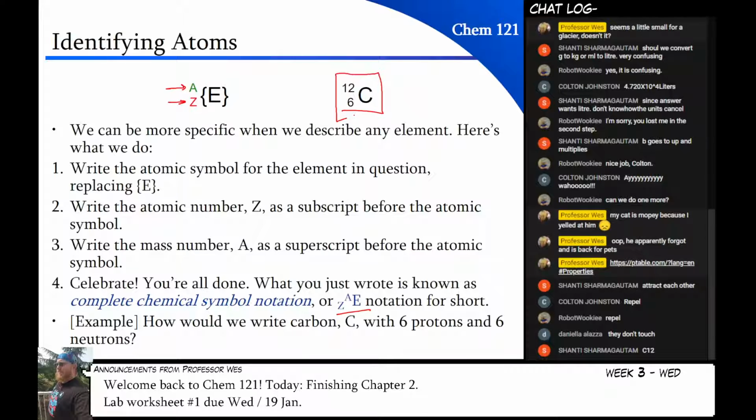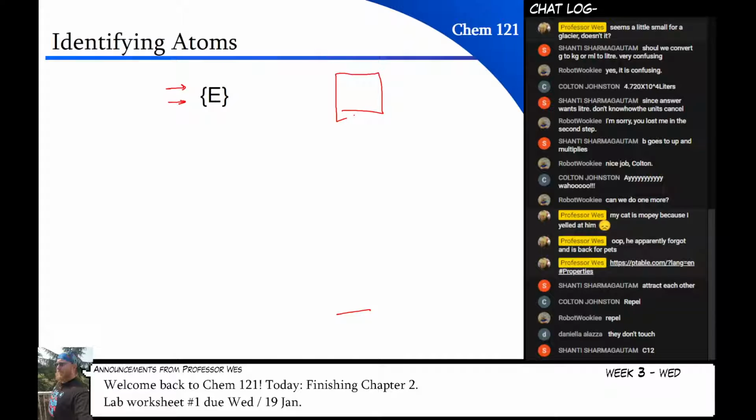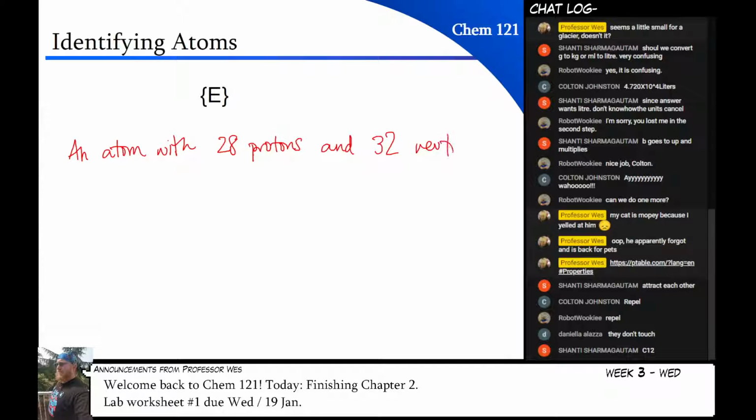All right, let's do another one. I'm going to just clear the screen real quick here. Let's do one for an atom with 28 protons and 32 neutrons.